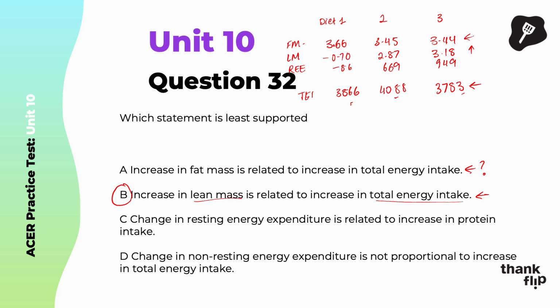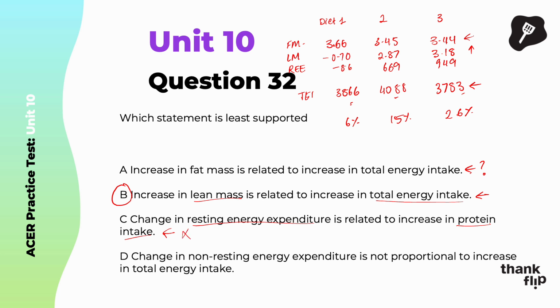We realize that it's not in table 2. You have to look at table 1. So the protein intake goes from 6% to 15% to 26%. And so you can see that's increasing. So the trends for resting energy expenditure and protein intake are both going in the same direction. So this is fairly supported by the data, right? So this is probably not the right answer.